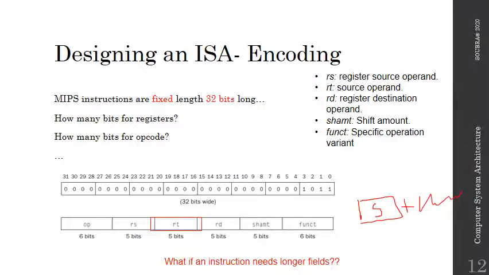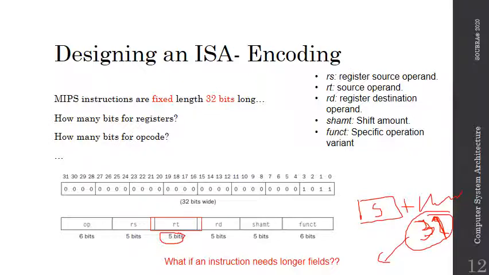What if I don't want to stop? With only 5 bits here, I'd be stopping at 2 to the power of 5, which is 32. So the maximum immediate value that I can add is 31. I don't want that. I want to be able to reach more values here.